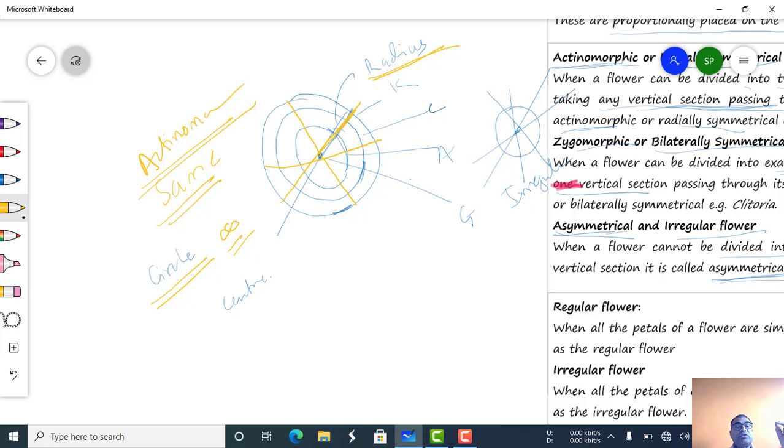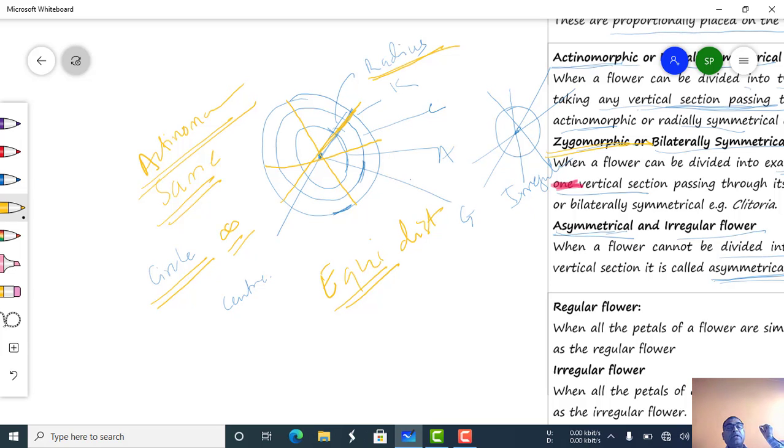Here each individual whorl is placed at equidistance from the center. What is equidistance? Equi means equal, equal distance. If they are not present at equal distance from the center, the flower is generally considered zygomorphic.